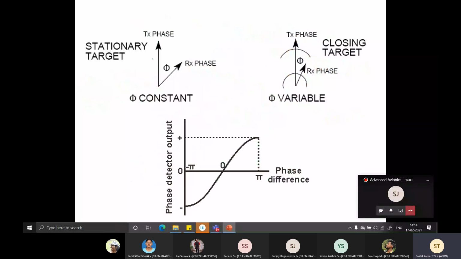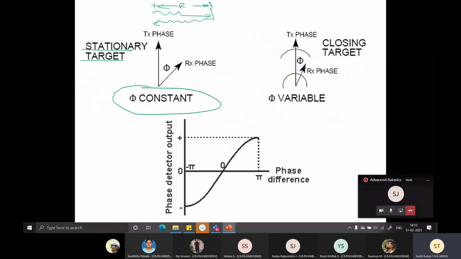Now let us say I'm showing you two different cases. One is a stationary target. So you transmit a pulse. It goes, strikes the target and comes back. But it can always come back with a phase change depending on the distance R. But with time, this particular phase change will be constant.